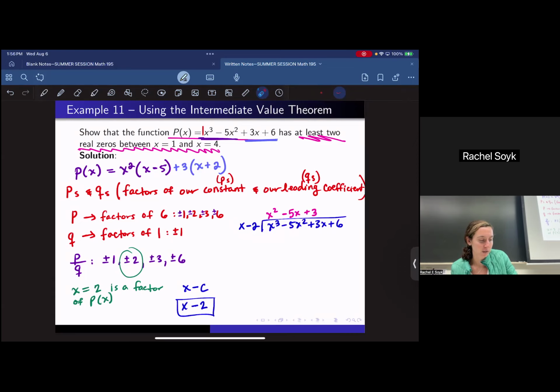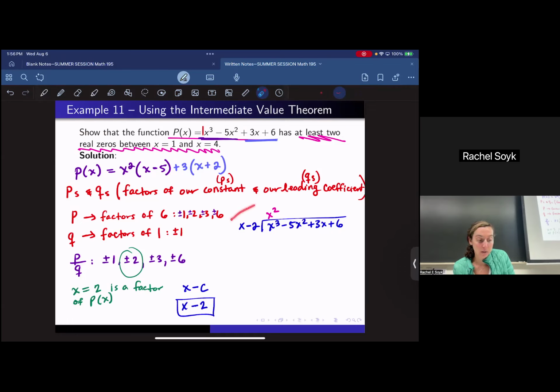Yeah, I did this wrong. You're only looking at the first term first, x squared, right? It's a process. So x times what gives you x cubed? x squared.